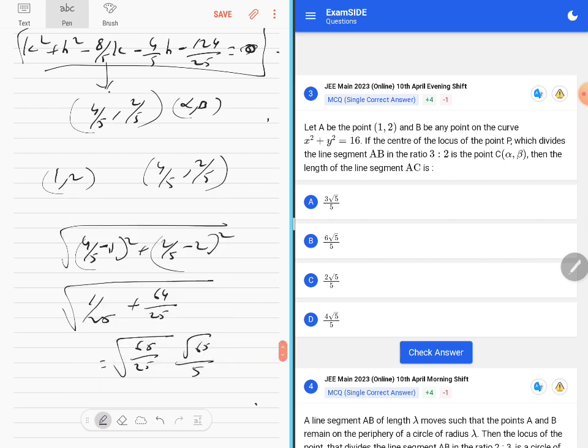Let's see if what I've done is correct. LCM is 5. 4 minus 5 is minus 1 by 5, it's 1 by 25. This will be 10, so 8 by 5. Let's verify my answer and see if any calculation mistake is there.